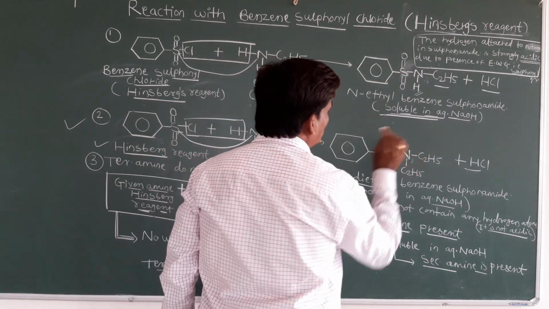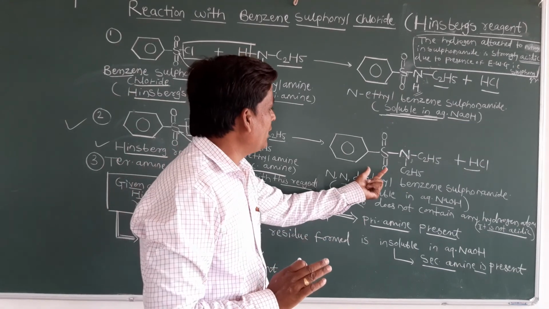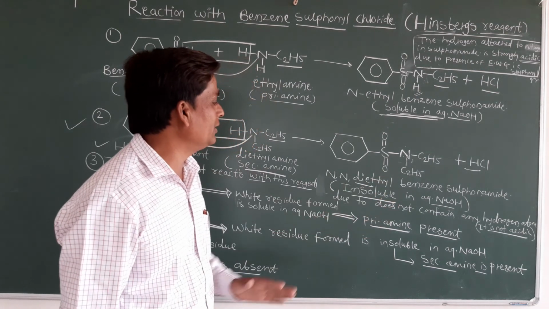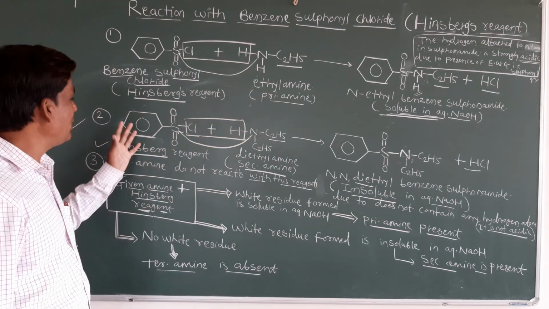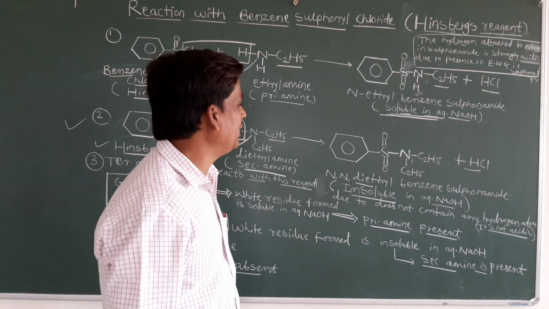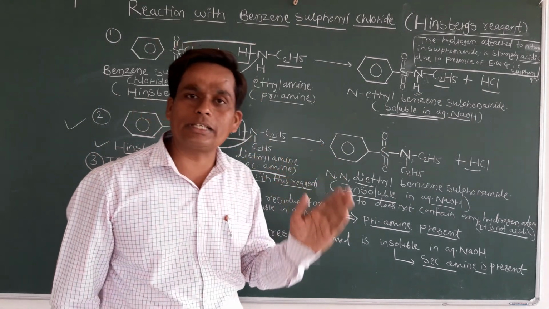But here there is no hydrogen, that's why it is not acidic in nature and is insoluble in aqueous NaOH. Now clear students? So this is the Hinsberg reagent. Benzene sulphonyl chloride reacts with secondary amine and we get N,N-diethyl benzene sulfonamide. So this indicates the presence of secondary amine.